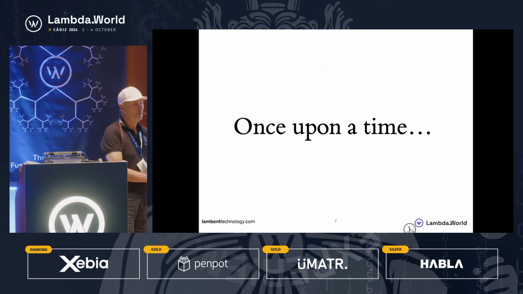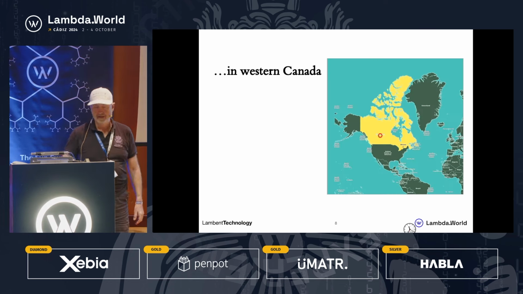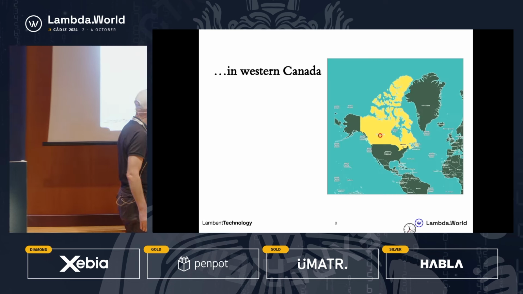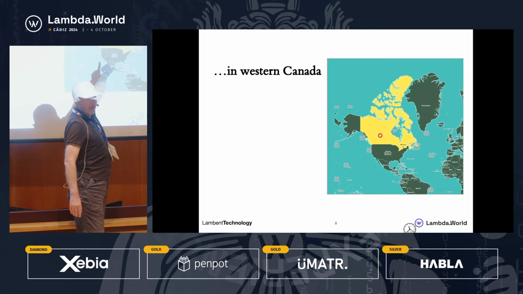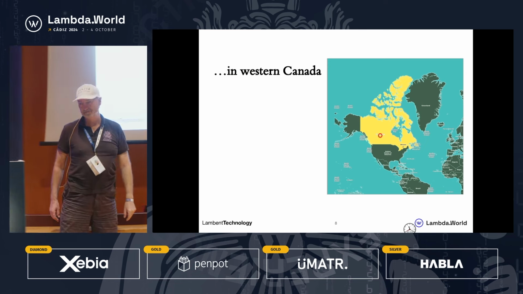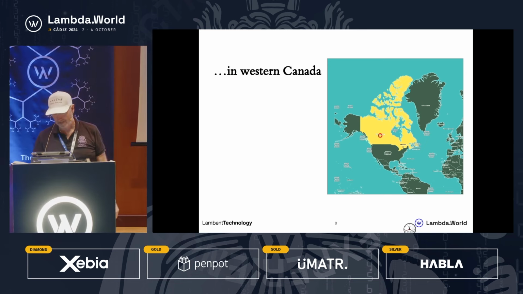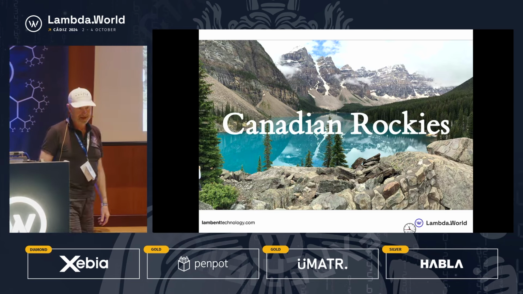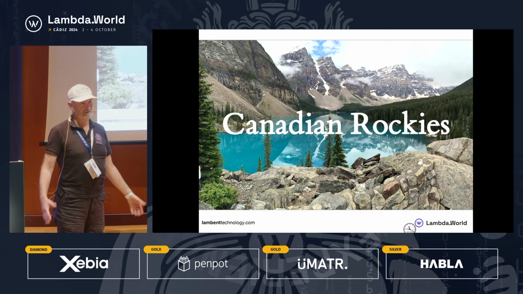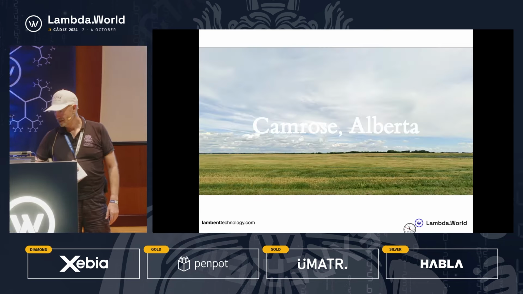So, once upon a time, in Western Canada, right up there, not the bits you visit, some parts of Canada are spectacularly beautiful and mountainous. Not all of it.